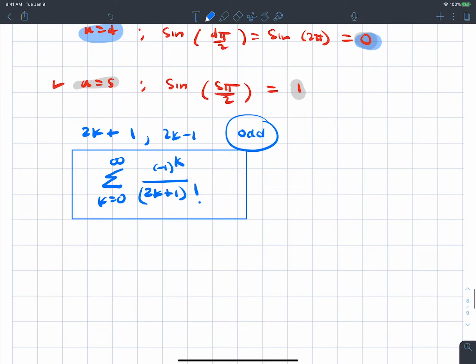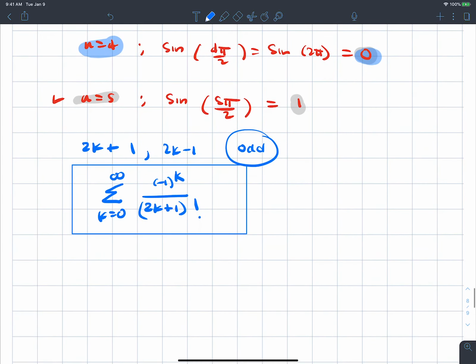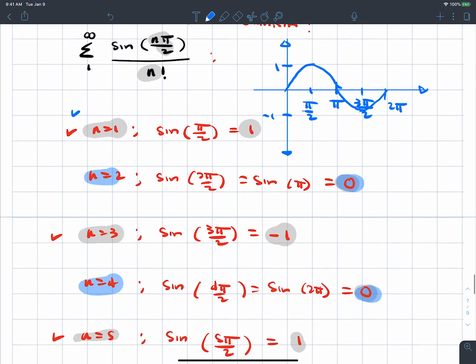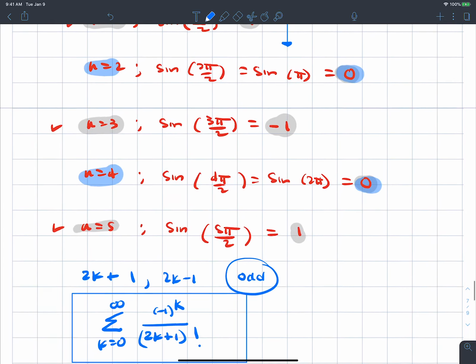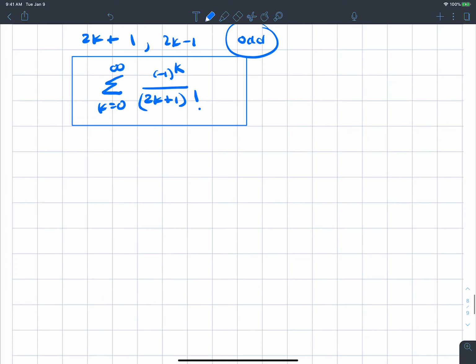And this is the request we've been getting. So I want to look at this very special situation where you have that n pi over 2. That's kind of a semi-alternating mechanism. Okay, semi. Alrighty, here we go. Now we know two things.